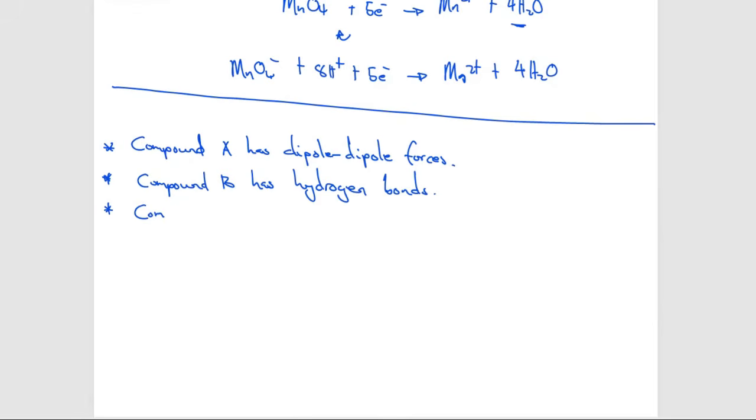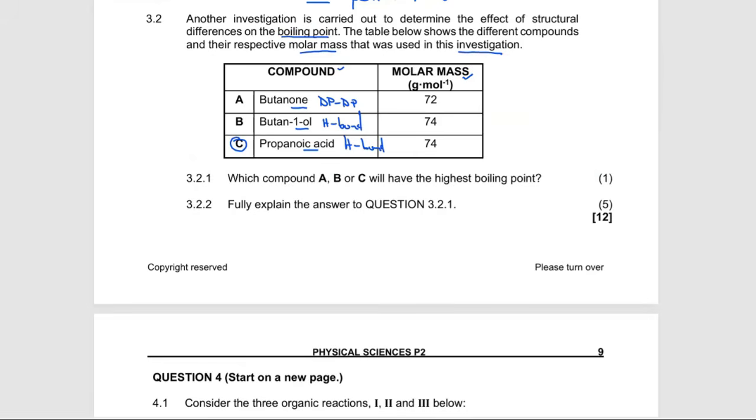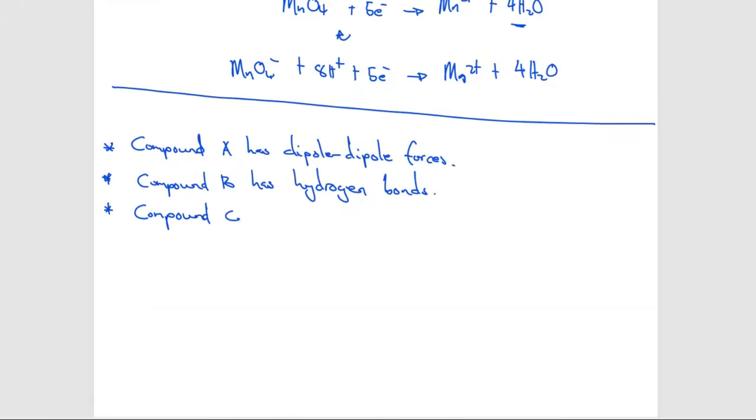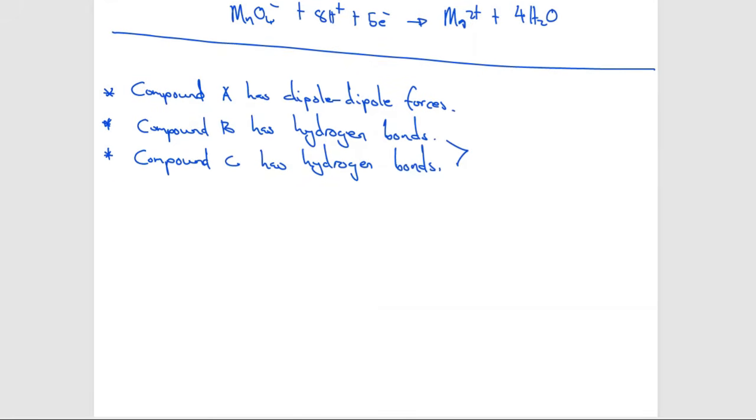Then I'm going to proceed to compound C, which is a carboxylic acid. Compound C also has hydrogen bonds. Now the question might arise: since these two have the same type of bonds, why does C have a higher boiling point than B?